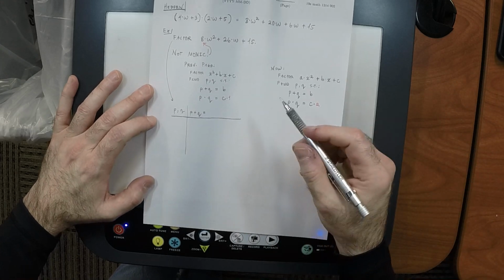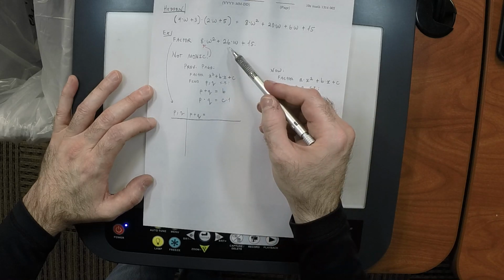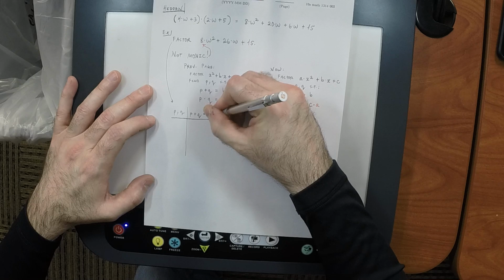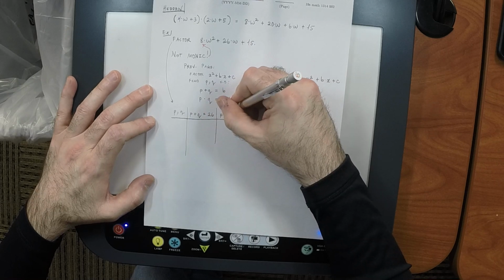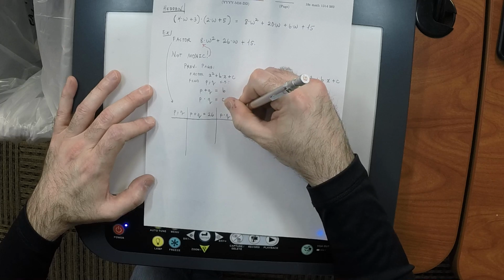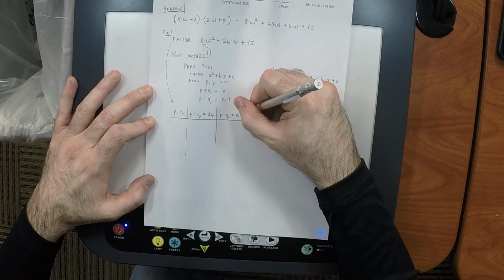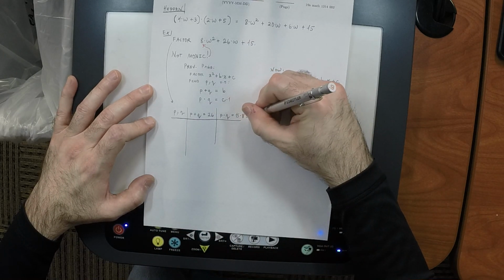Which one? The middle number. 26, right? And then p multiplied by q should be 15, the last number, multiplied by 8, the first number, which happens to be 120.